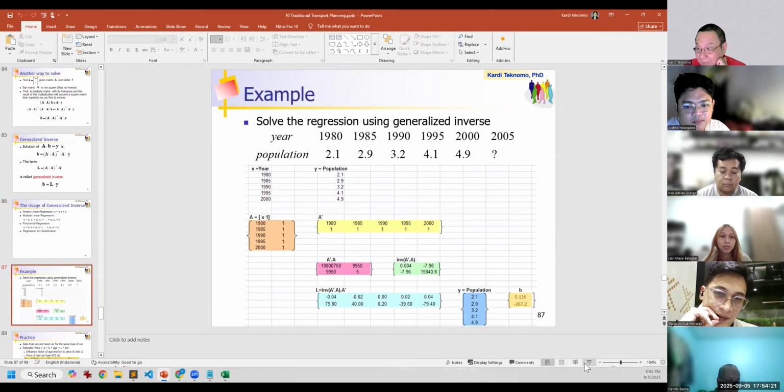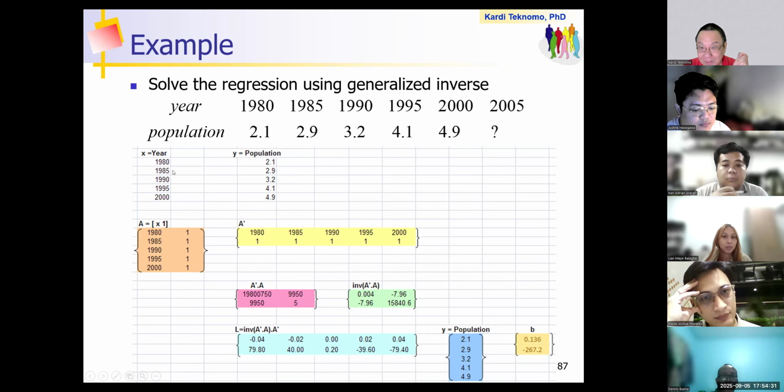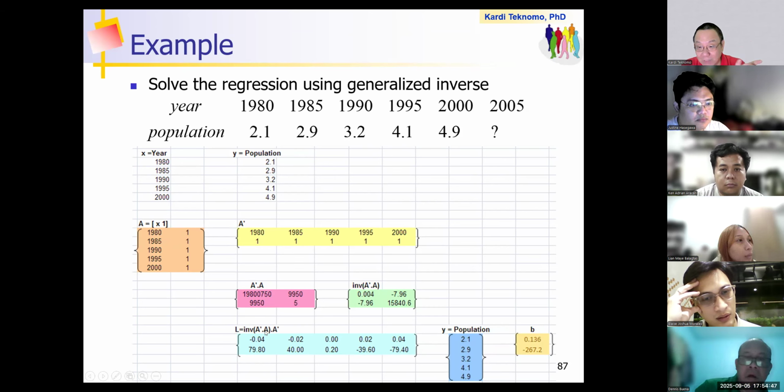So how are we going to do? This is our problem from last week, right? You still have your Excel, so you can make A. Our goal is to create L, the left generalized inverse, which is the inverse of A transpose times A, multiplied by A transpose.